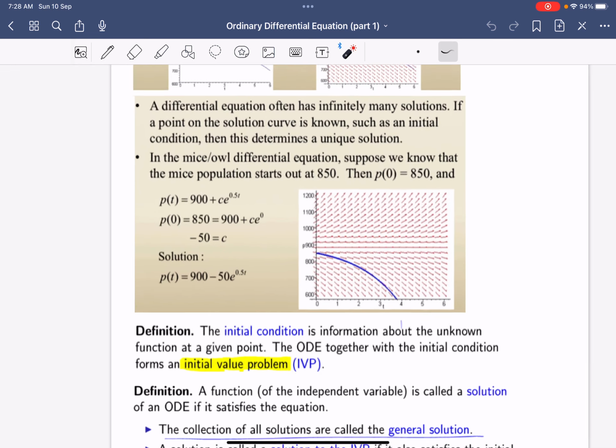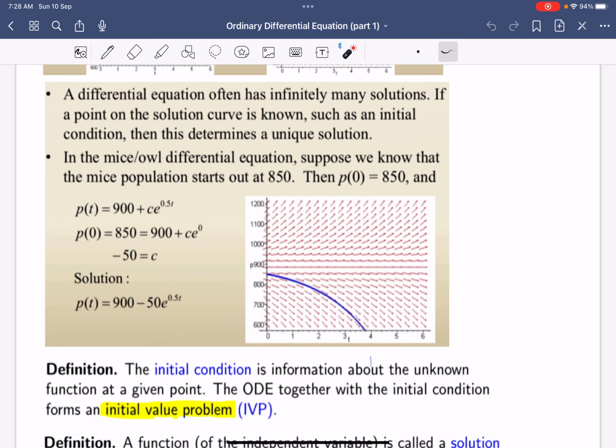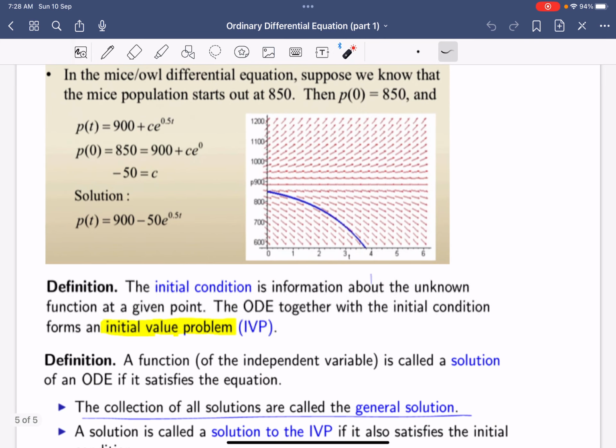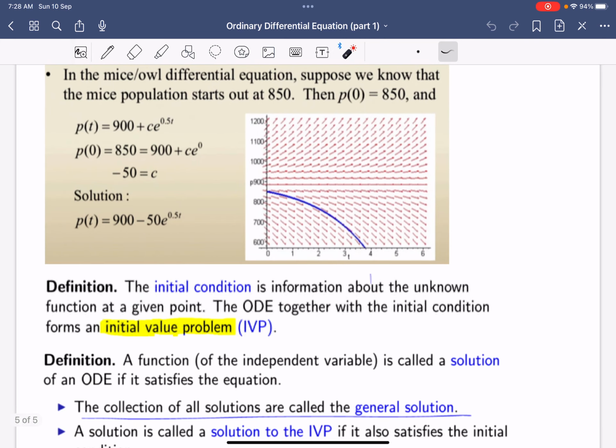For example, in this case, we say that P(0) is 850, meaning the initial population of these mice is 850. And then we can find that C is minus 50. So this is the solution. And the definition will then be given as: if an initial condition is given, then the ODE with this initial condition will be known as an initial value problem.